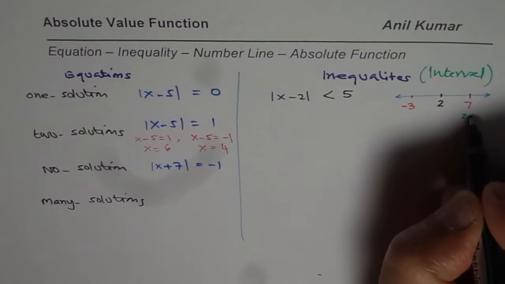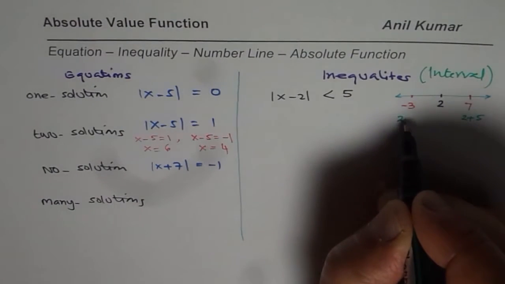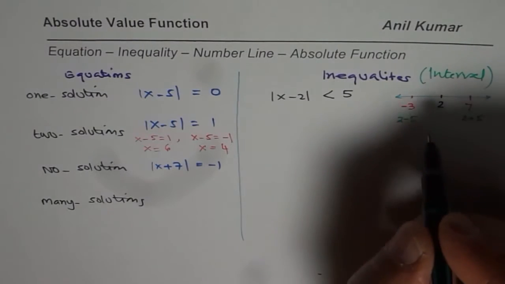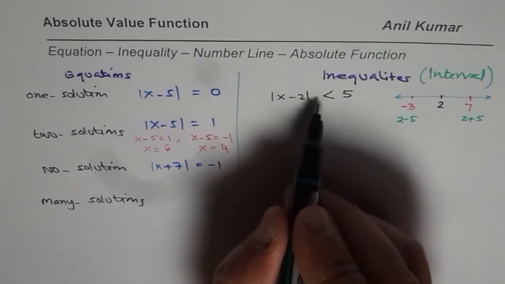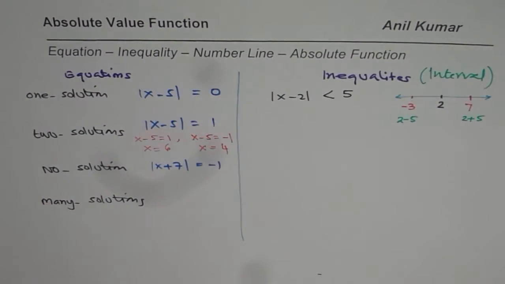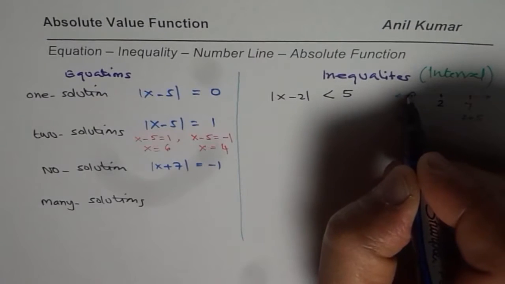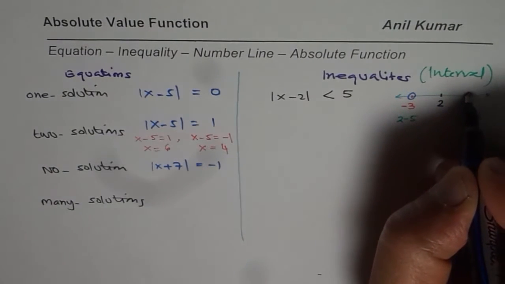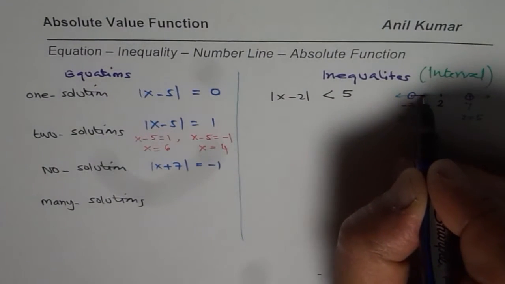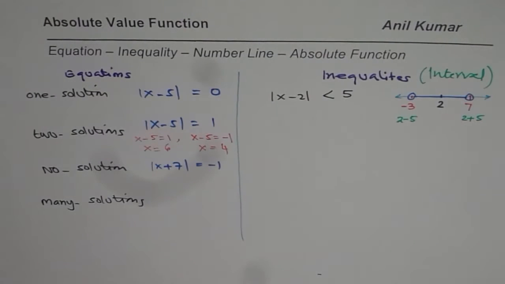Here I get 2 plus 5, and here I get 2 minus 5, correct? So anything in between, we will say that our solution for this equation could be represented with a hole at minus 3, a hole at 7, and everything in between, right? So that is how we get the solution.